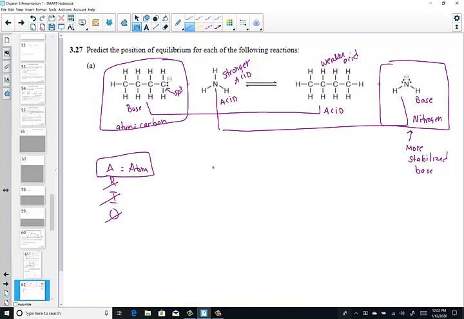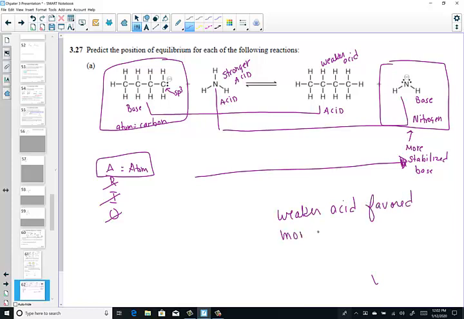We know that we're going to favor the side that's showing us the more stabilized base, the side that is producing the weaker acid. And I just said that same thing two different ways. Stabilized base is the side that's favored.